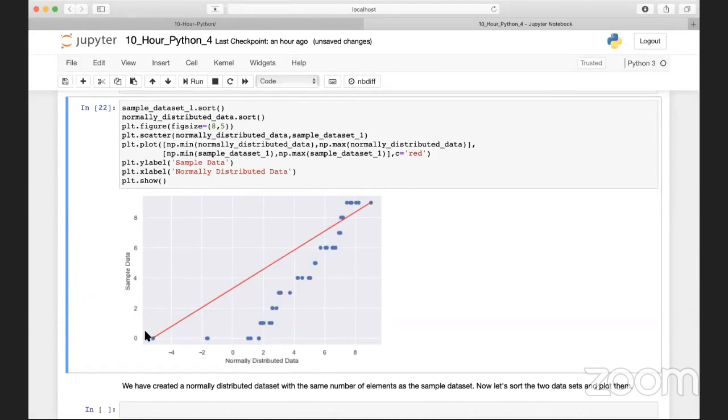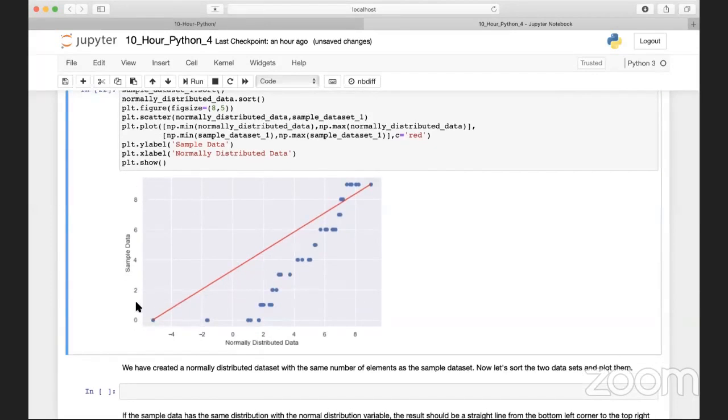So here I have the 45-degree line represented by the red line. On the y-axis, I have sample data. On the x-axis, I have normally distributed data. What I see is that there is a huge deviation from the 45-degree line, which implies that the sample data does not follow a normal distribution.